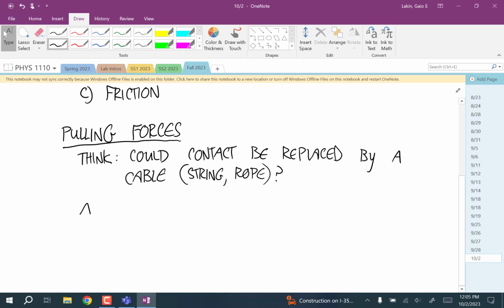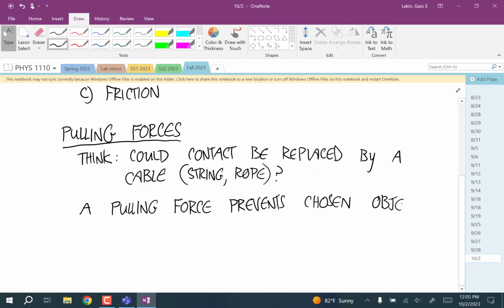A pulling force prevents the chosen object from escaping.